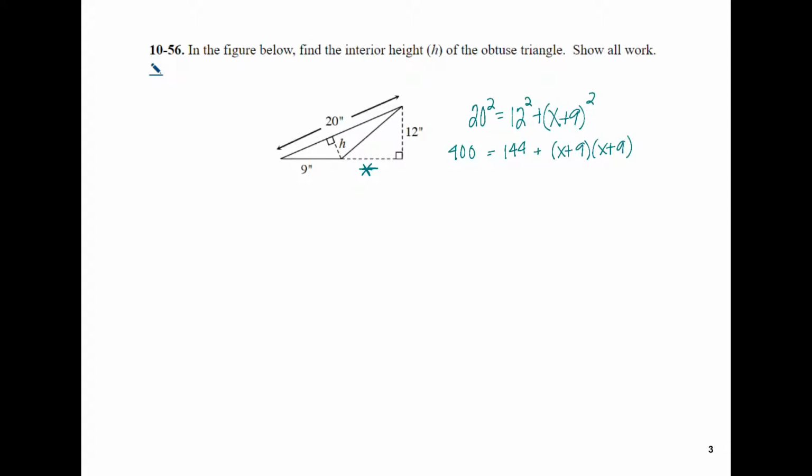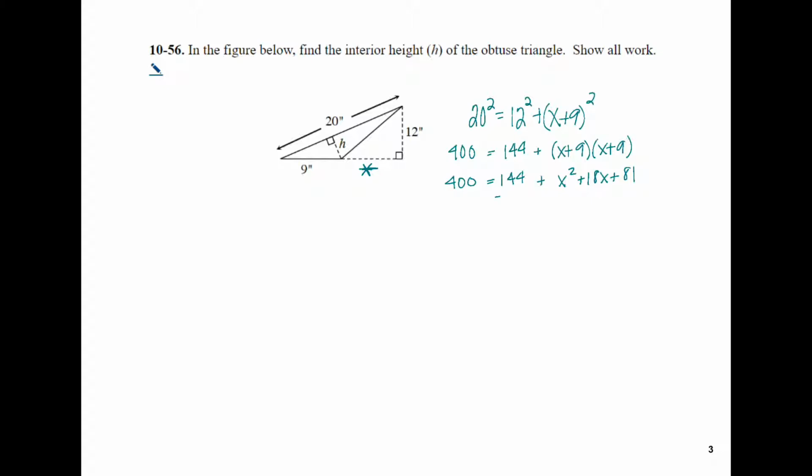So x squared plus 18x plus 81 plus 144 equals 400. We can start combining like terms.